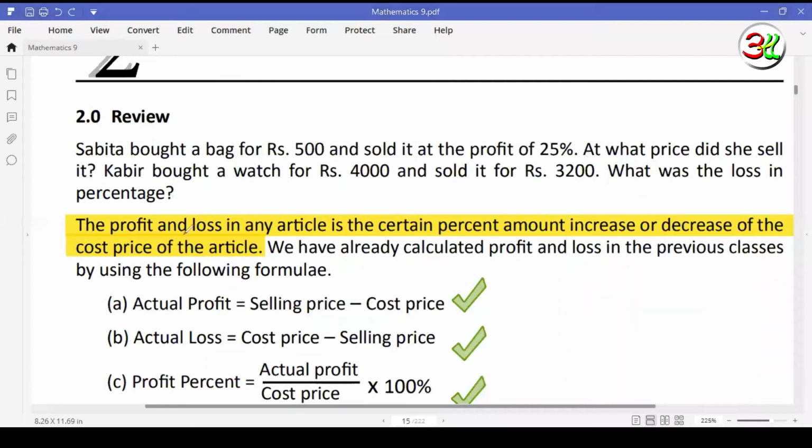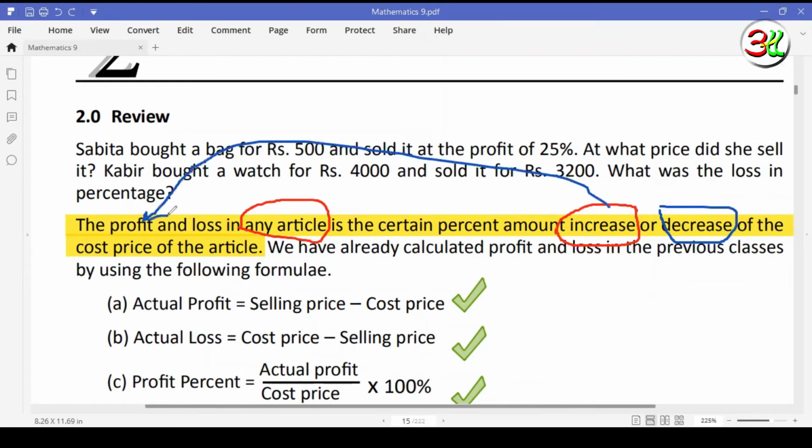The profit and loss in any article. Remember, any article has a certain percent amount increase or decrease. So when the amount is increased, profit.